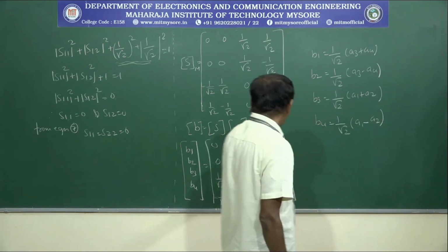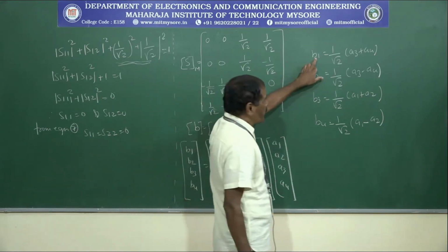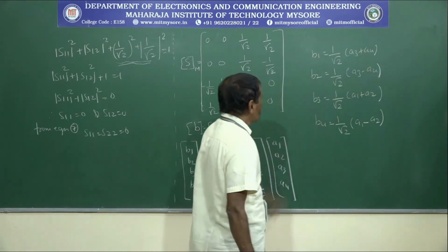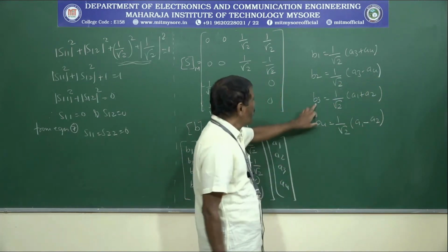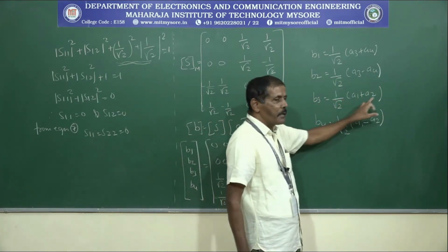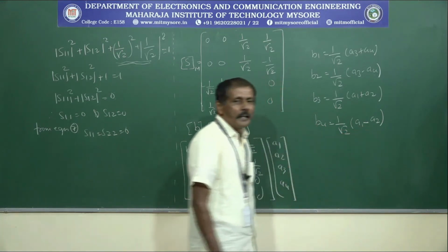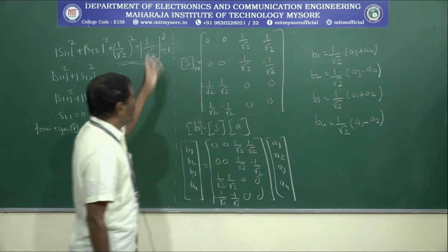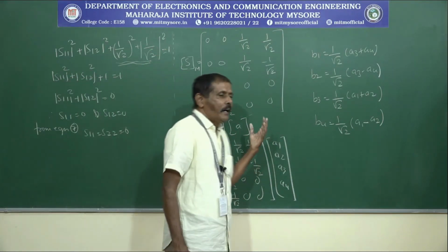Now, if you look at this, the output B1 is the sum of A3 and A4, B2 is the difference of A3 and A4, B3 is the sum of A1 and A2, and B4 is the difference of A1 and A2. So this is how the magic T functions.